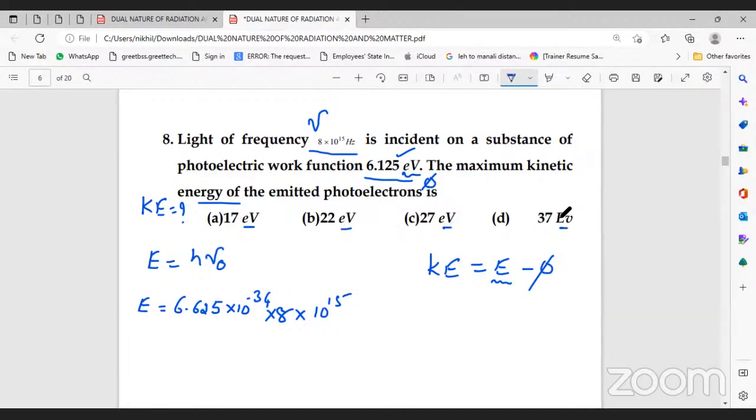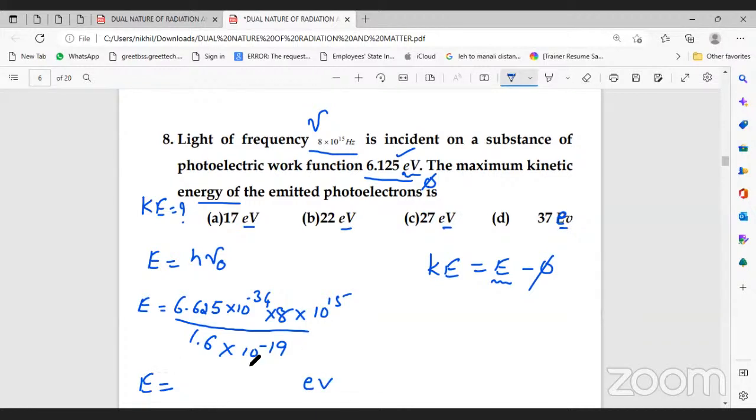So it is better to keep the total energy in electron volt only. To convert from joule to electron volt, I should divide this value by 1.6 into 10 power minus 19. Now if you simplify this, you will get it in terms of electron volt.